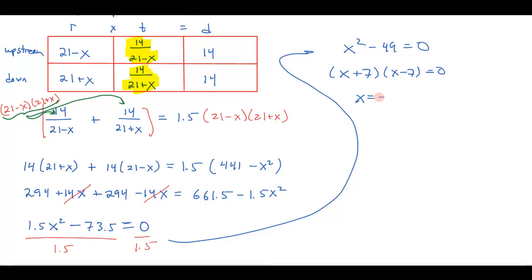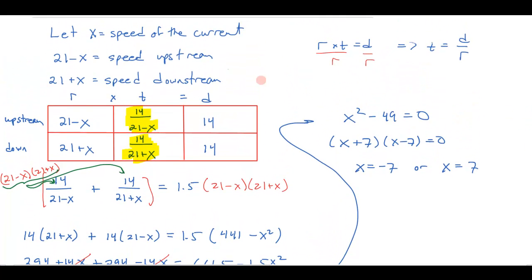So my x is either a negative 7 or x is a positive 7. Now you remember my original problem, I said x was the speed of the current. So a negative speed of the current, that one's not going to be reasonable for us. And so my answer is that the speed of the current is 7 miles per hour. Okay.